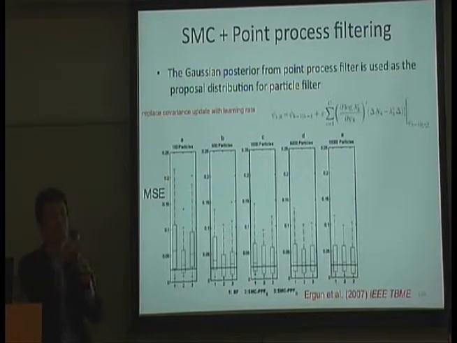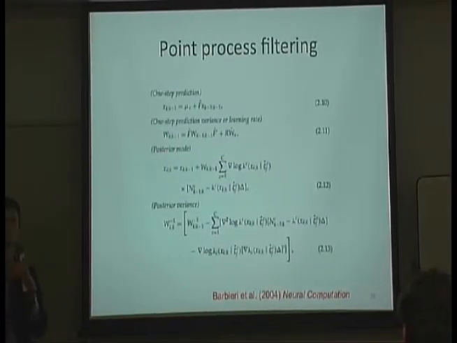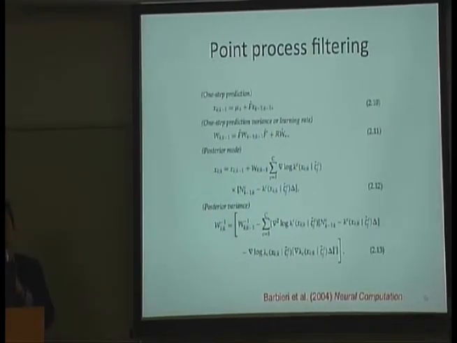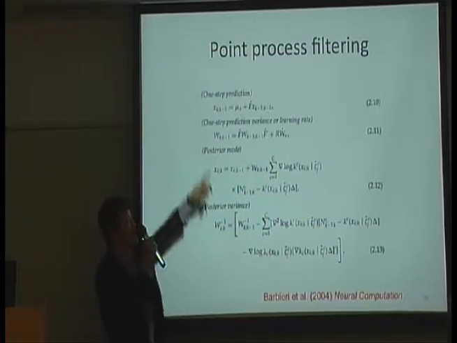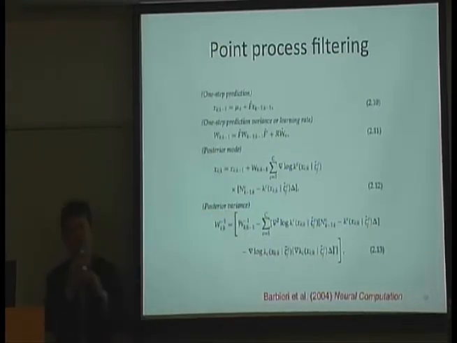Question: you mean that in the second one, you use the Gaussian approximation as the proposal distribution? Right. The proposal is a Gaussian, but it's not the transition prior Gaussian. It's the posterior, which is a Gaussian approximation. So it's a two-stage process: first come up with this, then draw samples from that, and hopefully this gives you a better estimate.